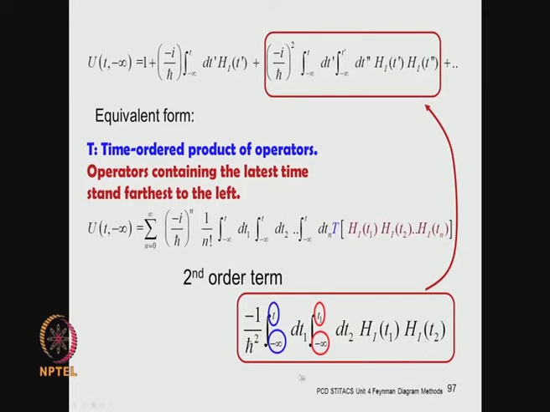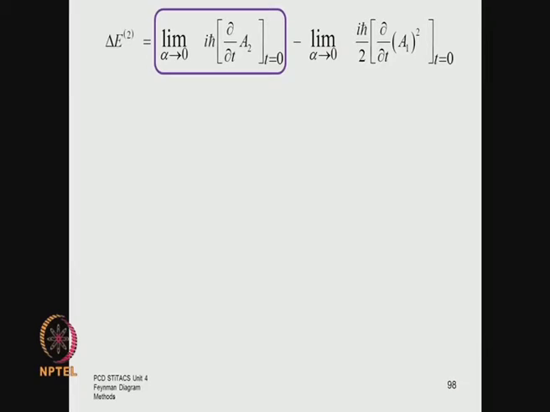So, this is the second order term that we will now examine. And of course, we have to keep track of the e to the alpha t, but e alpha t will come with e alpha t1 and e alpha t2. Okay. So, let us work with these two terms.